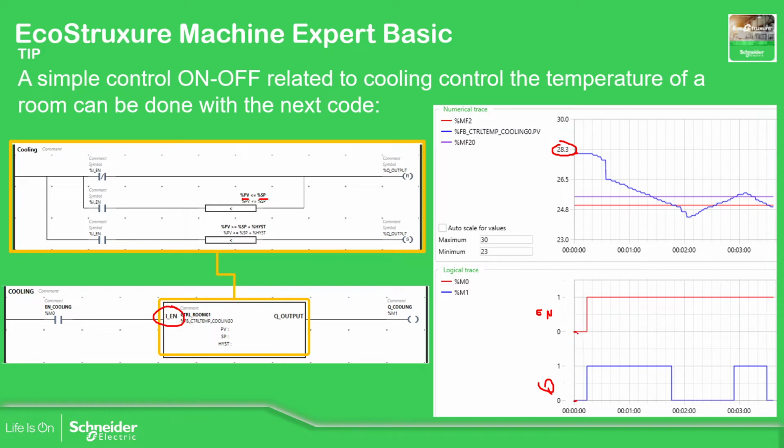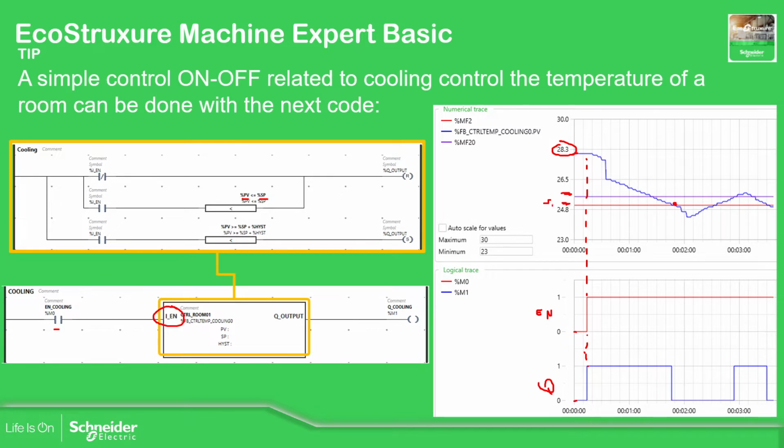But as soon as I set this one to true, for cooling, you can see that the temperature should reduce until it reaches the required value. So here it will start decreasing the temperature until the temperature reaches the value of the set point.